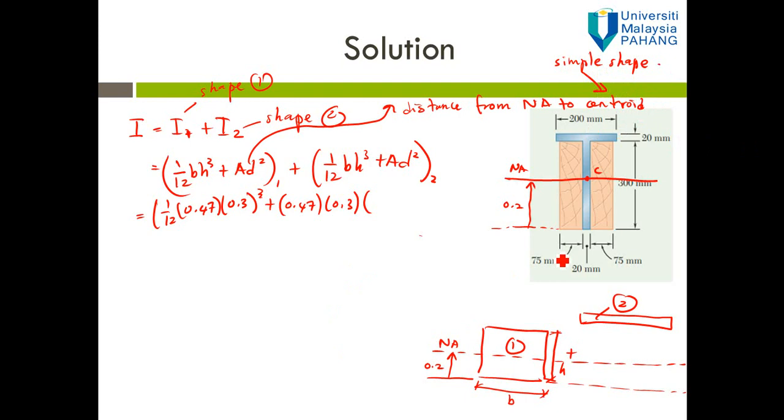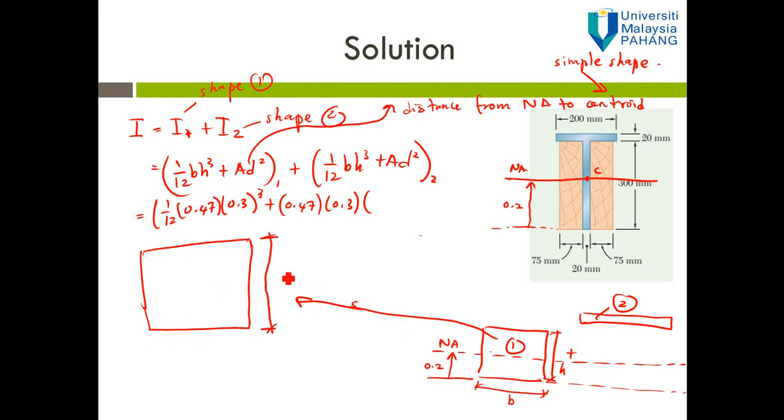For example, this is shape number one. The height is 0.3, so the centroid for this shape is at the middle and the distance is 0.15. That is the centroid for this shape. The centroid C we found earlier is for the whole shape. The neutral axis is located at the centroid, which is 0.2 from the bottom surface.